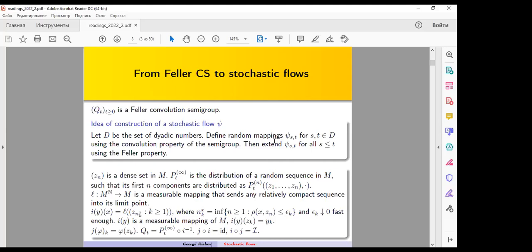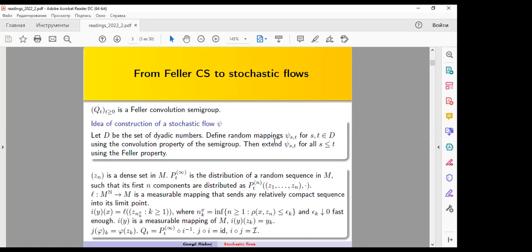So Zn is a dense set. P infinity is a distribution of a random sequence in M. So its first n components are distributed as P_t(Z1, ..., Zn).